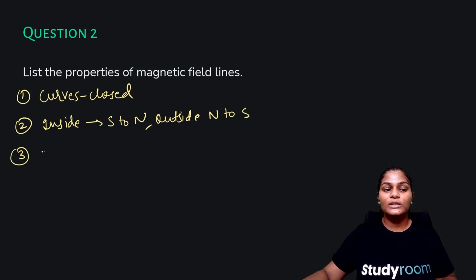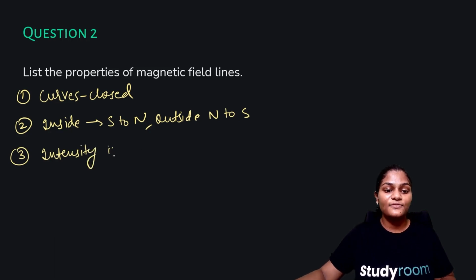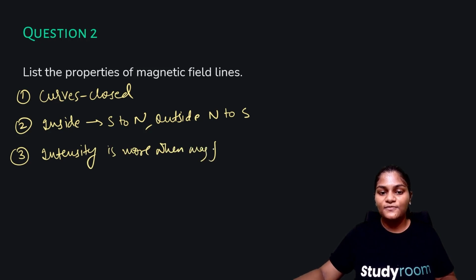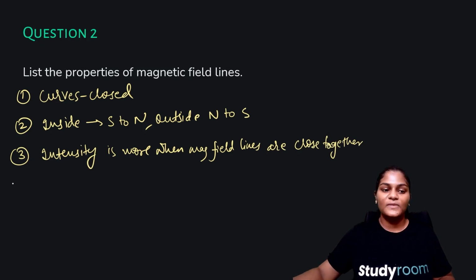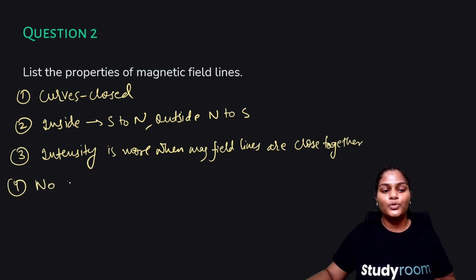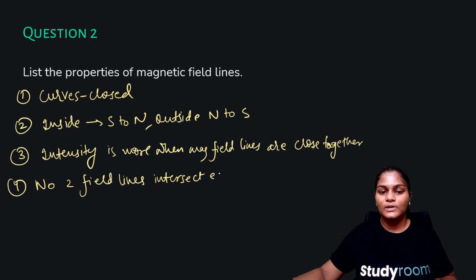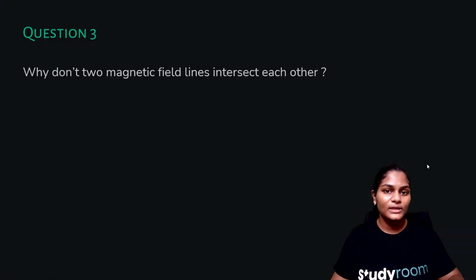The third property we learned is that the intensity of the magnetic field is more when magnetic field lines are close together. But the fourth thing we learned was no two field lines intersect each other. Okay? These were the four properties that we learned.